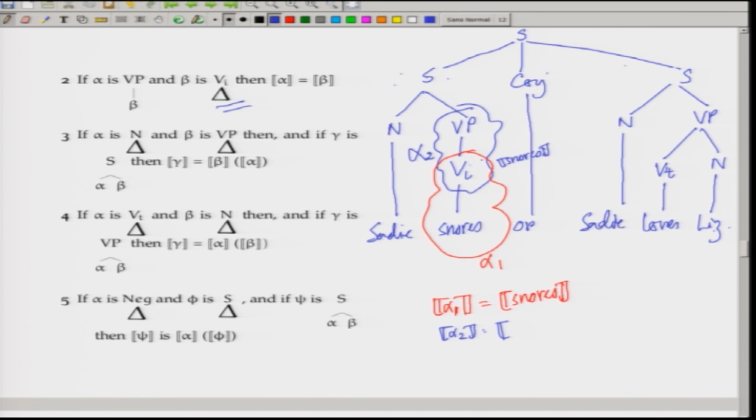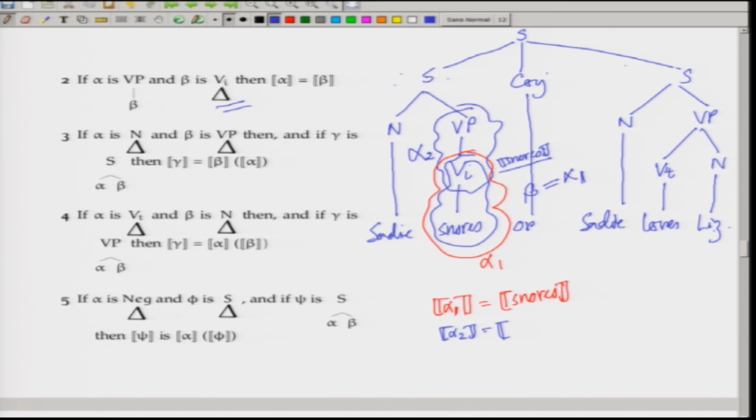It is pushed up already, so it has reached here somehow. So what is the reference of beta? Already it is this thing. So actually this is our beta, and that is our alpha 1, right. This entire thing is beta. So it is already snores, we know.